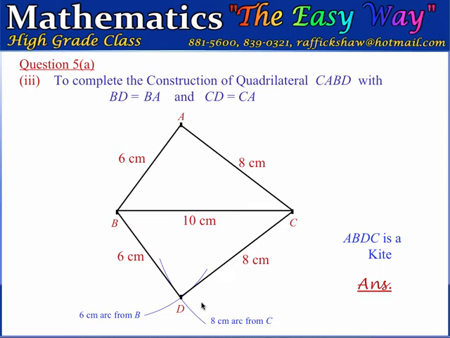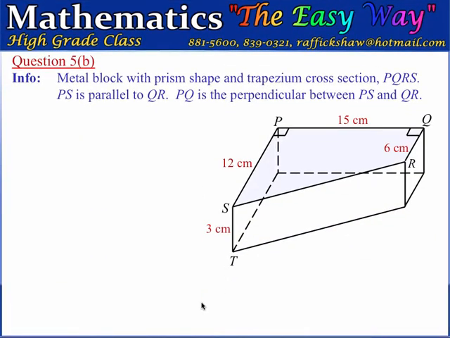Let's move down now to part B of question 5. Now question 5 gives us a metallic block in the shape of a prism. This is a diagram of a metal block in the shape of a prism, and we are told that this prism has a trapezium as its cross section.